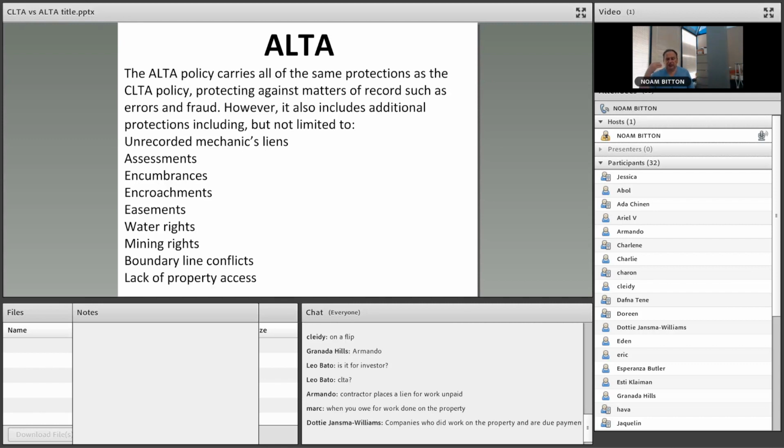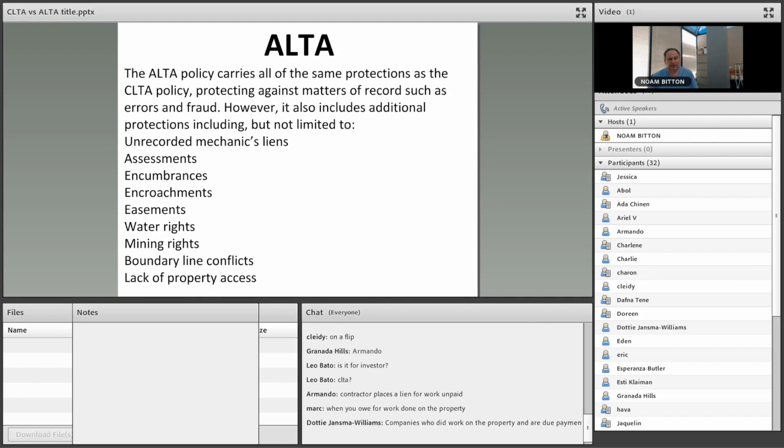If it doesn't show on the title report, on the prelim, any encumbrances or encroachments that come up later will be covered. Water rights, mining rights: if there is a well on the property and somebody comes later and says this is my well, it's covered. Boundaries, line conflicts, they will cover that.